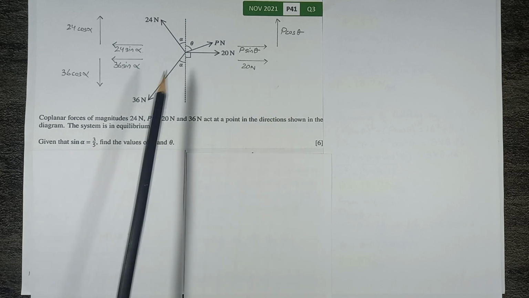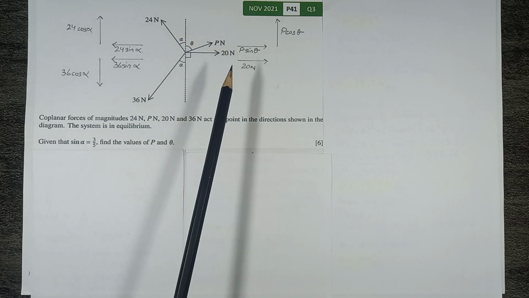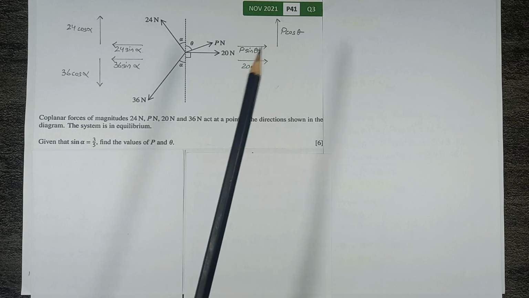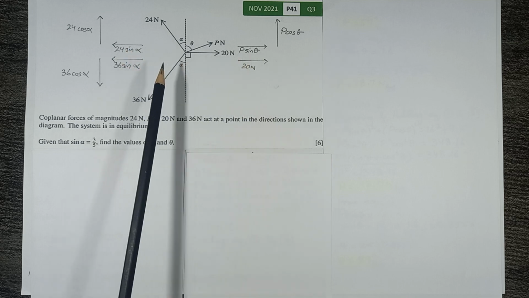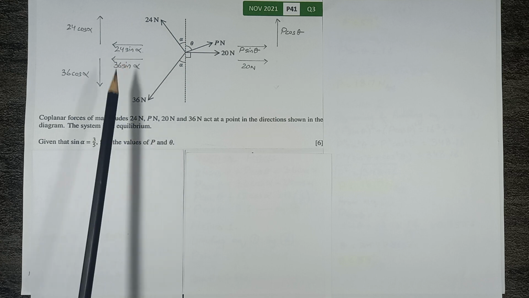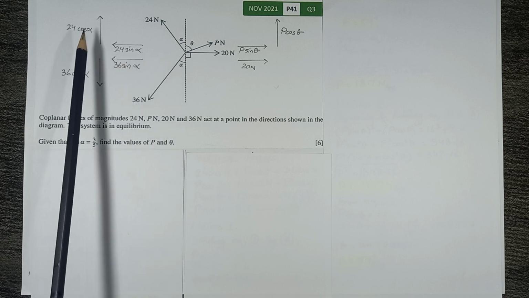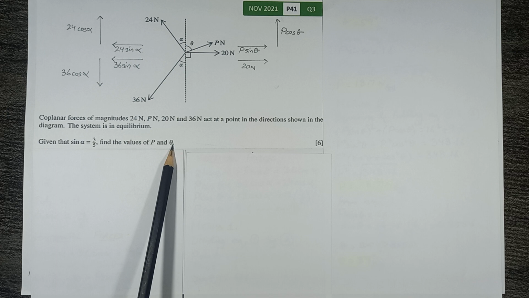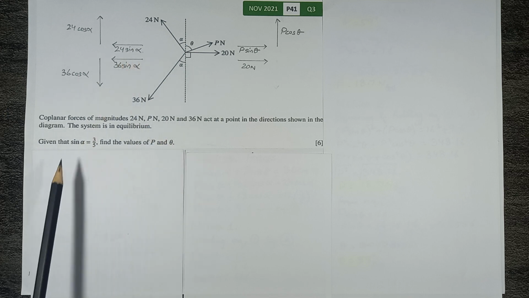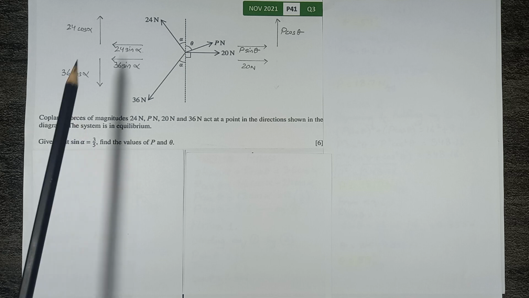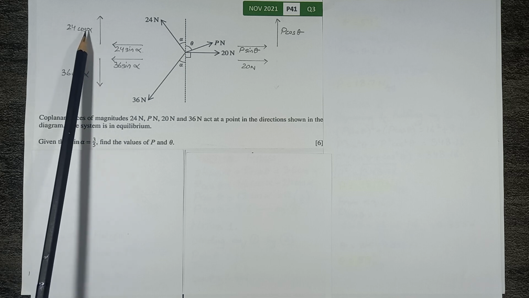If we look at all the horizontal and the vertical components, we can see that at some places there are sine theta, at some places there are sine alpha and cos alpha as well. Theta is basically the value to be found, and sine alpha they have given us over here, 3 upon 5, but we don't have the value of cos alpha.